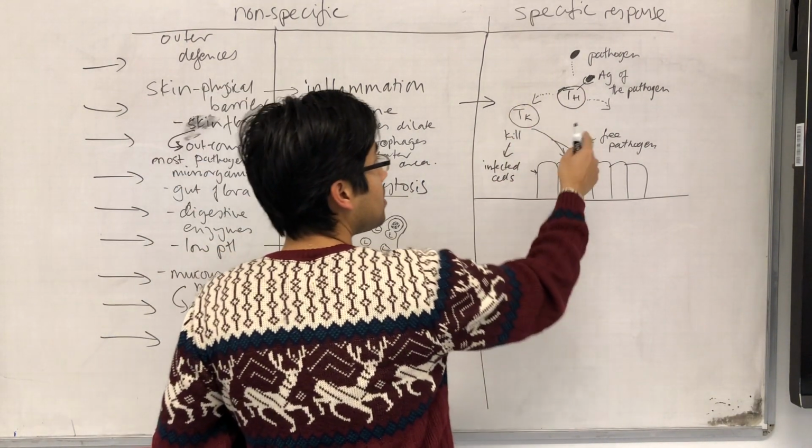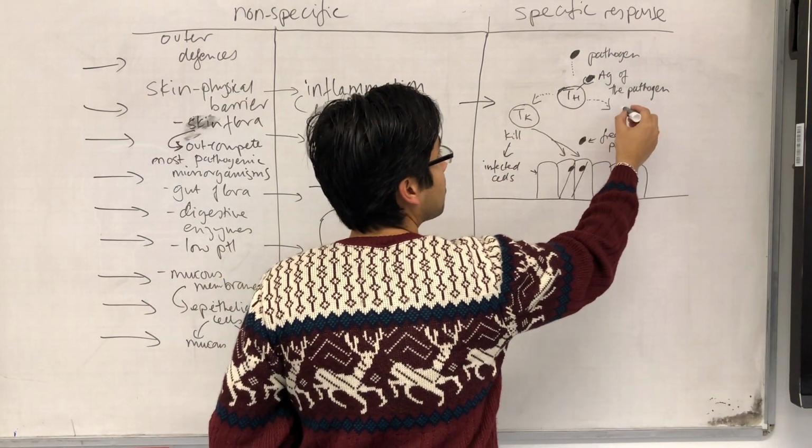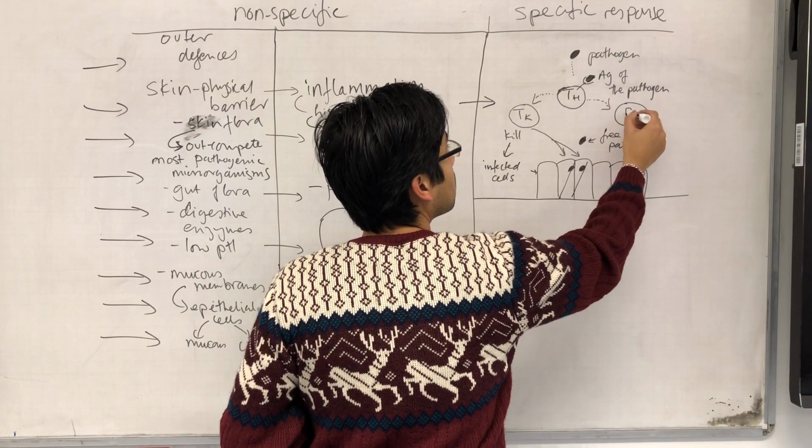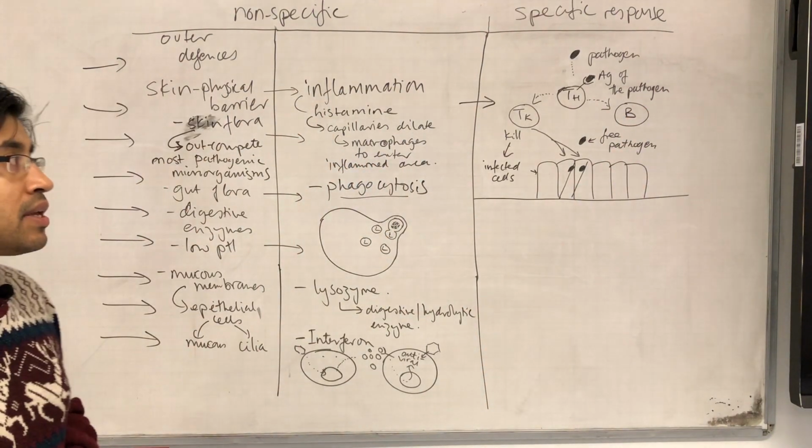The other thing that the T helper cell does is activate B cells.